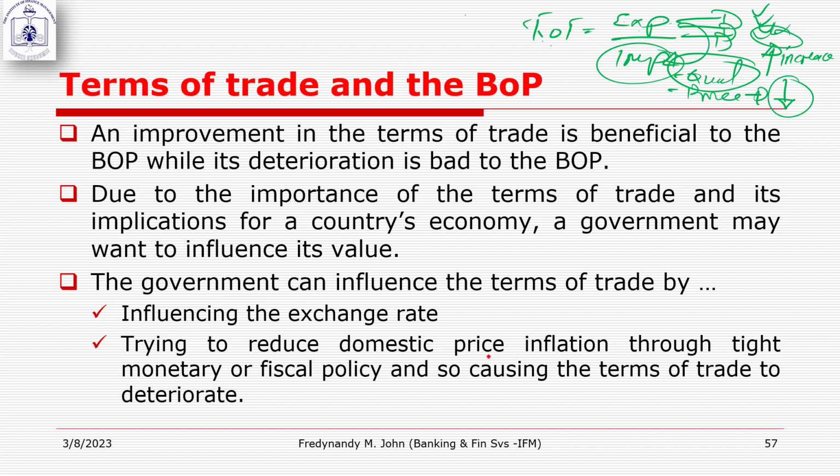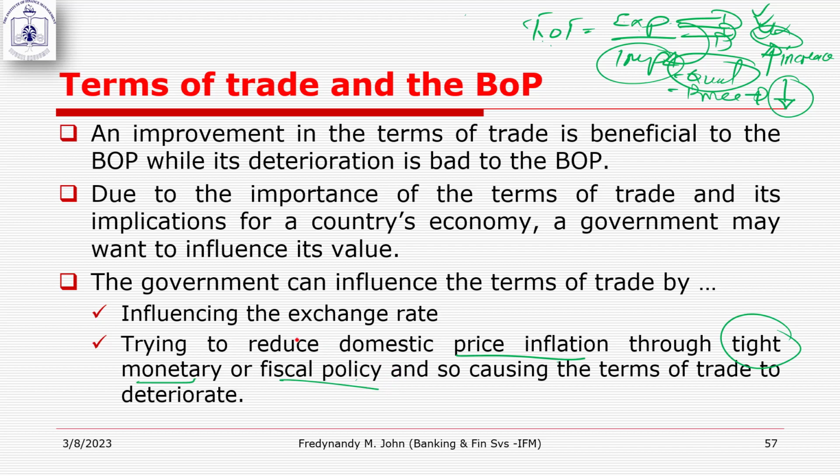Trying to reduce domestic price inflation through tight monetary or fiscal policy. Inflation is a persistent increase in the general prices of goods and services. That's inflation. Now, if there is inflation in your country, how do you deal with it? Execute contractionary monetary and fiscal policy.